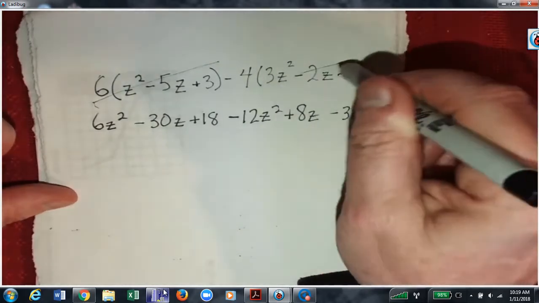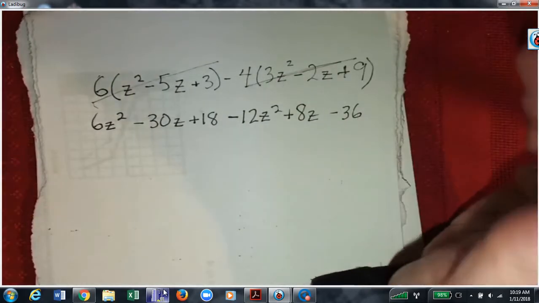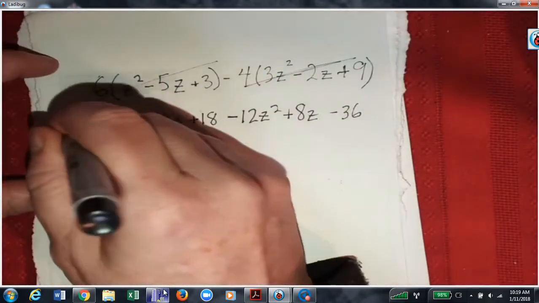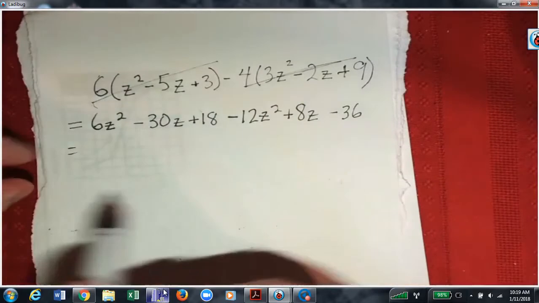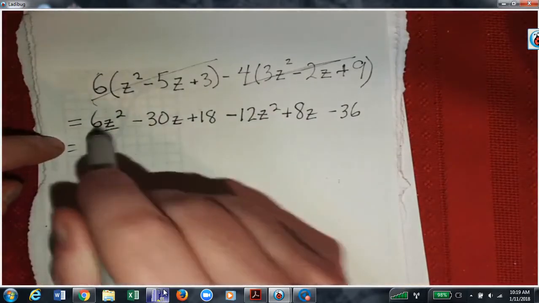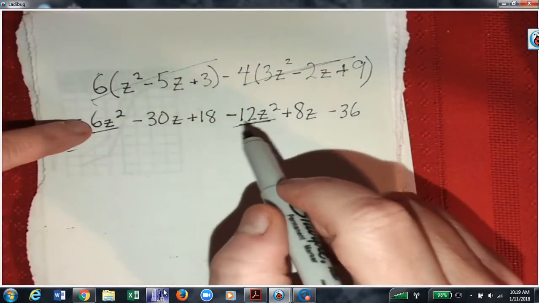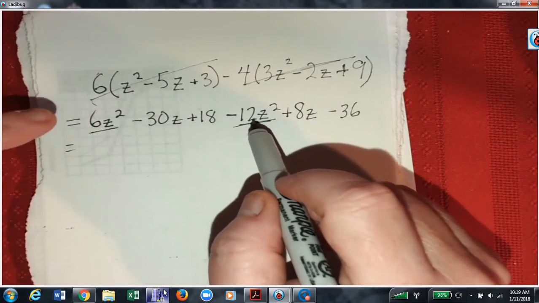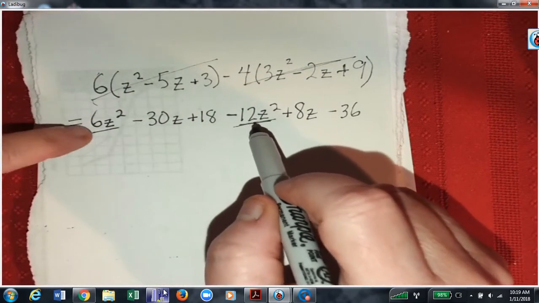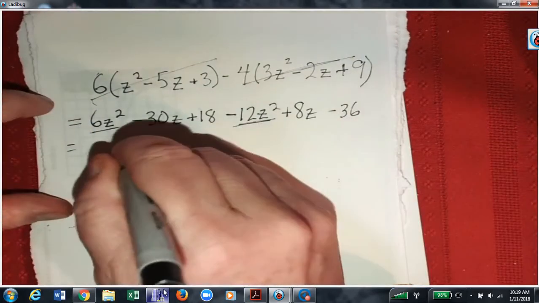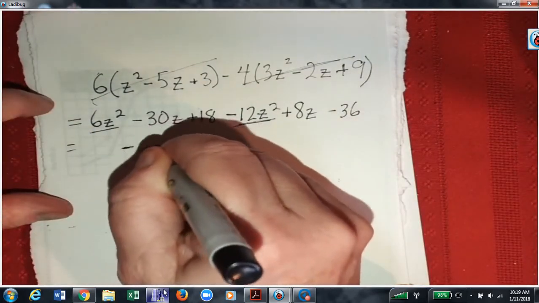All right, so I've dealt with that. Now, the last thing I have to do is to collect like terms. I've got a z squared term here, and I have a z squared term there. And 6 minus 12 is negative 6. So 6z squared minus 12z squared is negative 6z squared.